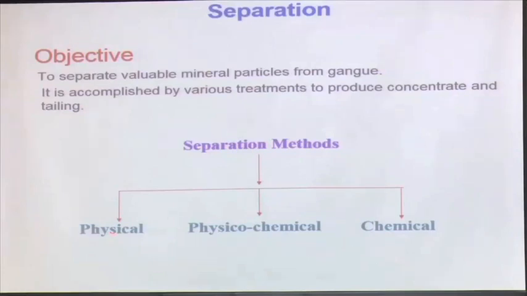One is physical, where we exploit only the physical property differences between the wanted and unwanted materials. Then physico-chemical properties difference, like the chemistry of the surfaces. And sometimes it could be chemical, where by using some chemicals we can take them out. We will briefly discuss that.